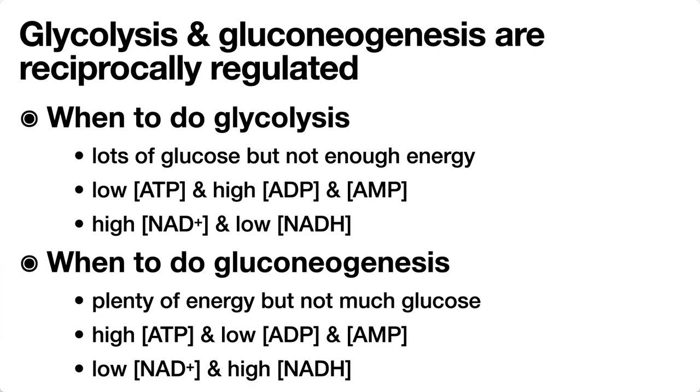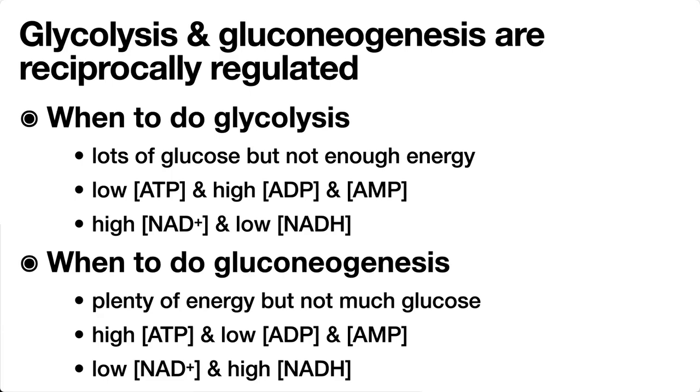Remember that our ATP to AMP ratio is going to be a more sensitive indicator of energy status, because we can take two ADPs and combine them to give us an ATP and an AMP. And the amount of AMP is going to be lower than the amount of ADP, and so small changes in it can have a bigger effect. And so that ATP to AMP ratio is going to be a good indicator of cellular energy status, and that's going to help tell us that we should do glycolysis.